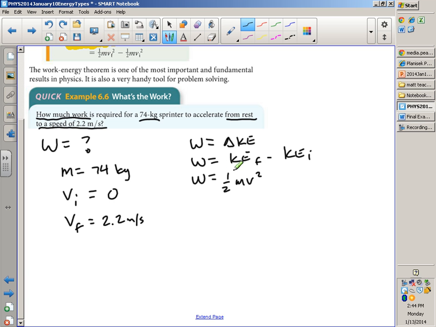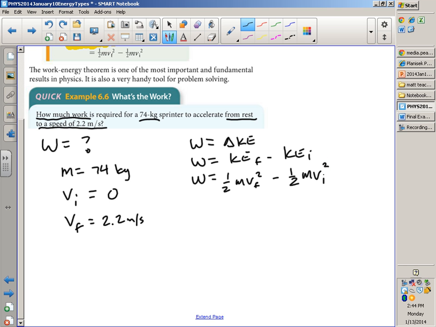If we're looking for the final kinetic energy, what velocity do you think we should use? Probably the final velocity. Minus 1/2 mv squared again. But now this time, because we're looking for the initial kinetic energy, which velocity do you think we probably should use? 0.